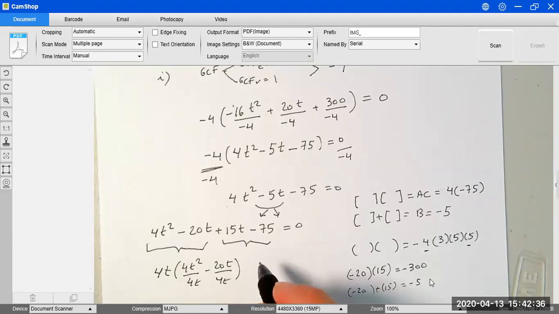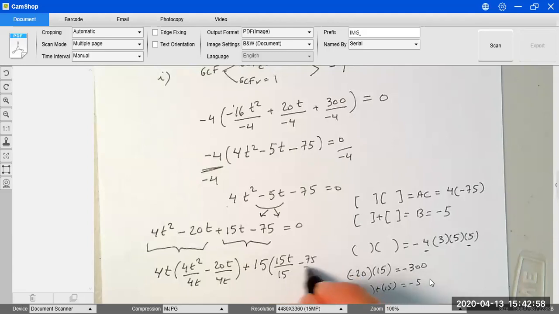For the second one, the greatest common factor is going to be 15. 15 is going to divide 15t, and it's going to divide negative 75. And this is equal to 0.